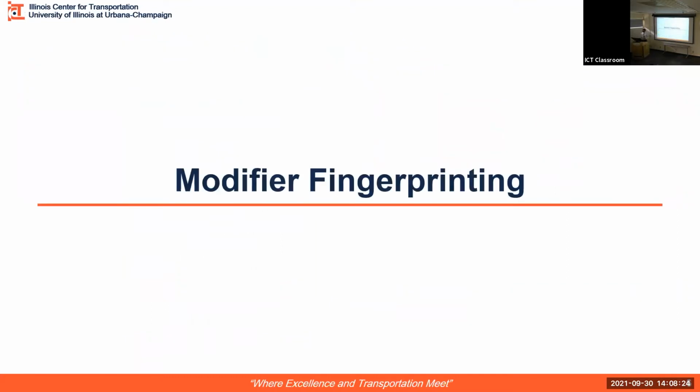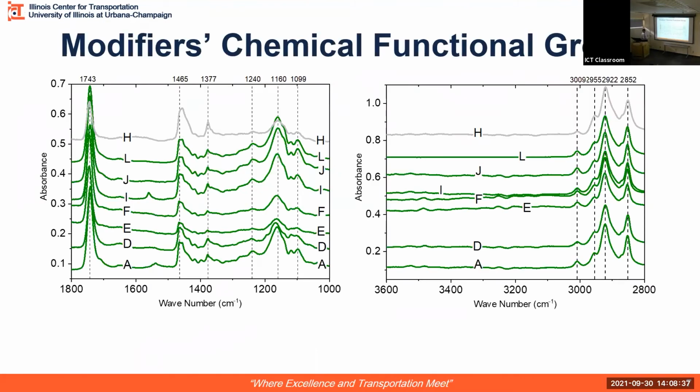So the first step was to fingerprint the modifiers, because we needed to make sure that what the manufacturers are promising is really what these modifiers are. And so the FTIR characterization technique was conducted on these modifiers.